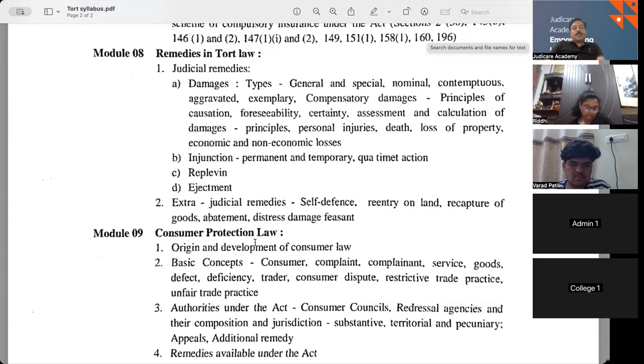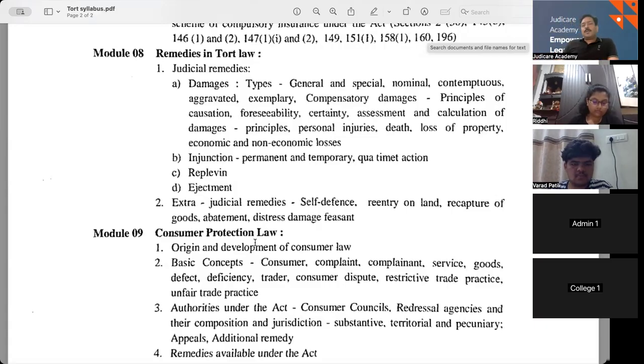Then we came to the extrajudicial remedies. There are extrajudicial remedies like self-defense. If some tort has happened because of my self-defense, we have studied about it in the last session also, so no need to go back to that again. If in self-defense you have done something which has resulted in a tort, it is not considered a tort if it is proved that way.